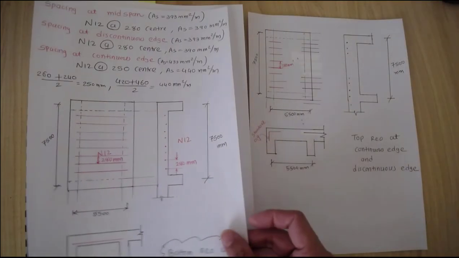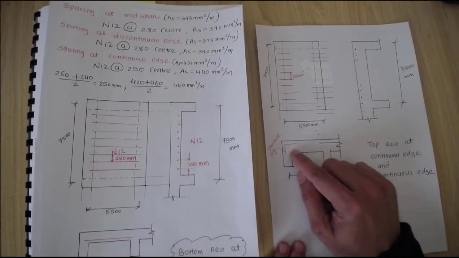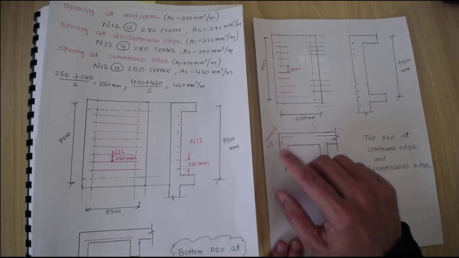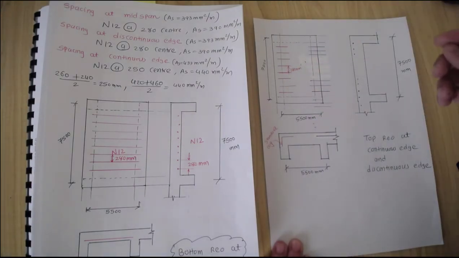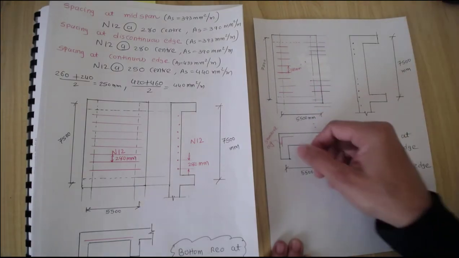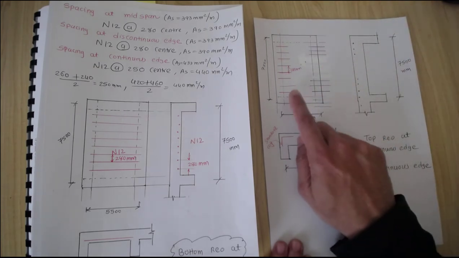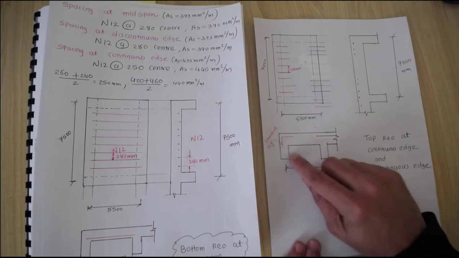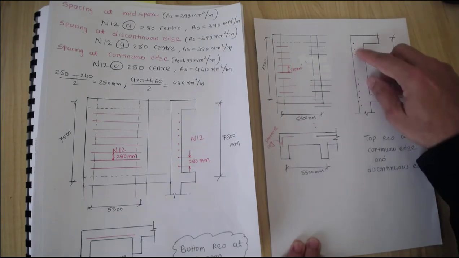Similarly, at these supports, which are discontinuous supports, I need to provide the standard hook. I think in the development length video we discussed this hook. So we have these supports here, with these values here. I think these are not correct, because at this edge over here, at this continuous edge, we just have these three bars.